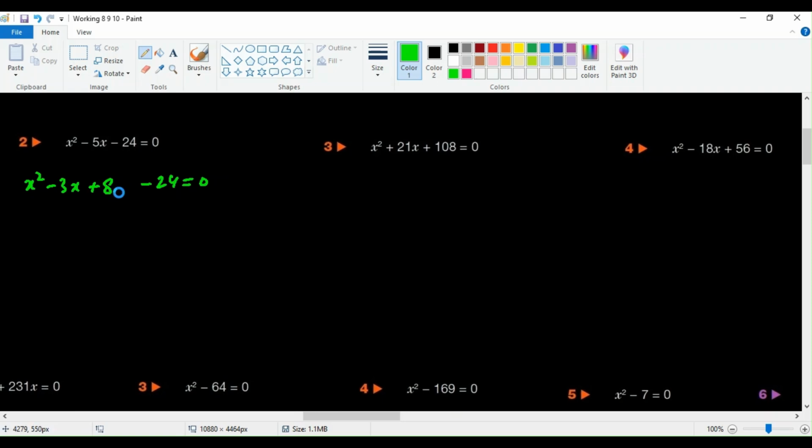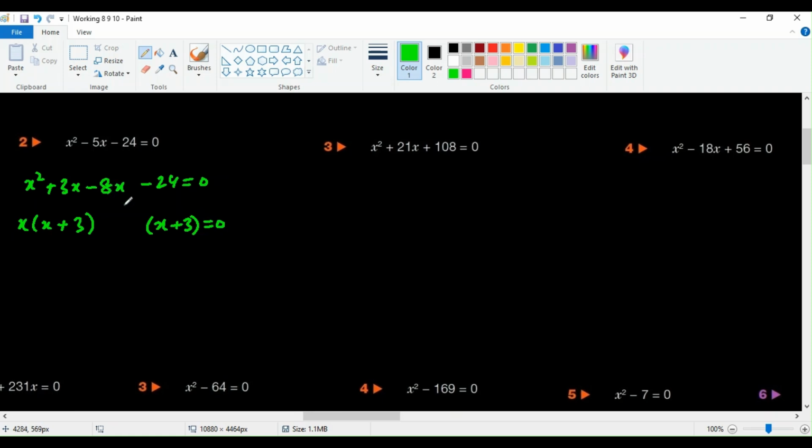In fact, it has to be opposite. I should make it plus 3x and minus 8x to give us minus 5, and 3 times 8 is 24. So in the first bracket I would write x plus 3, copy down x plus 3 as it is without any change, equals 0.